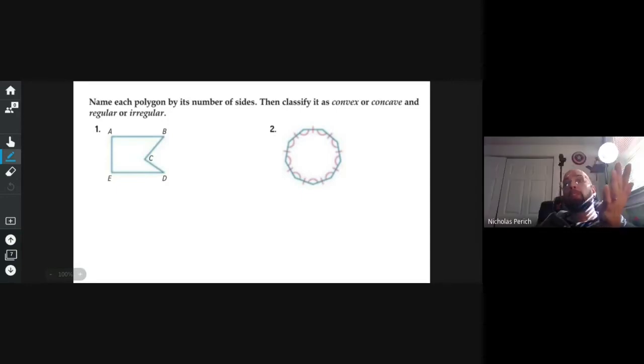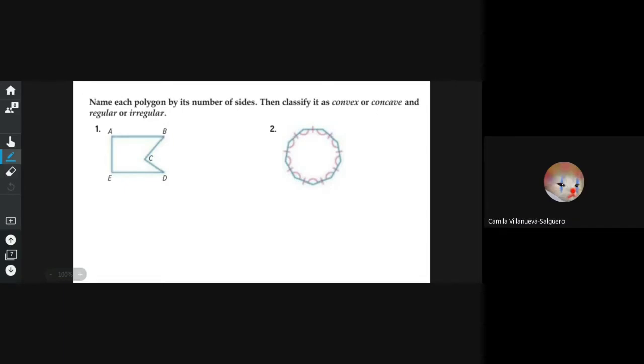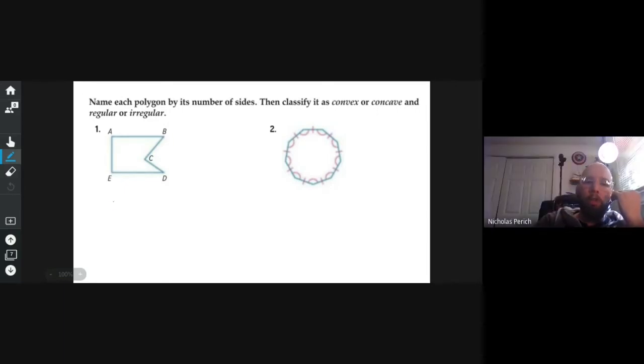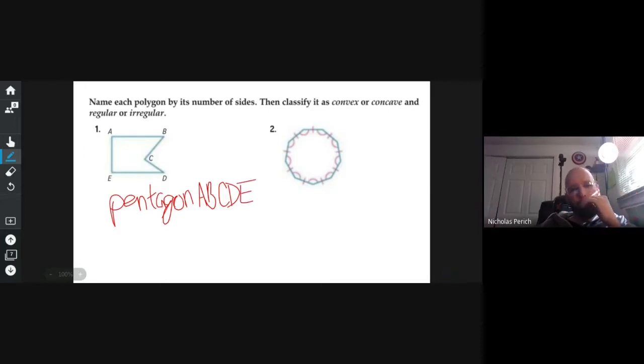5. 5, which means it's called, at the very least, a what? Pentagon. Pentagon, good. So we'll call this Pentagon A, B, C, D, E. Is it convex or concave?